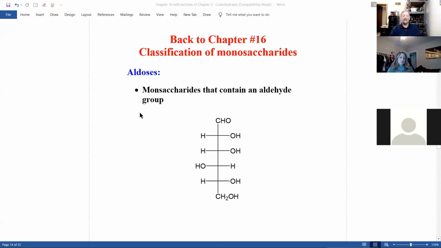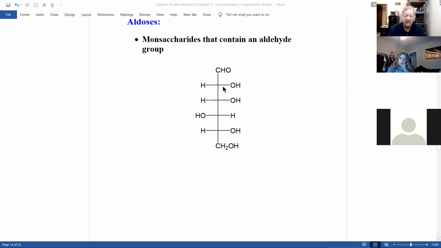All right, let's talk about monosaccharides. There's something called an aldose, and other classes may cover this, but you need to know what it is. A monosaccharide that contains an aldehyde is an aldose, and glucose is an aldose.